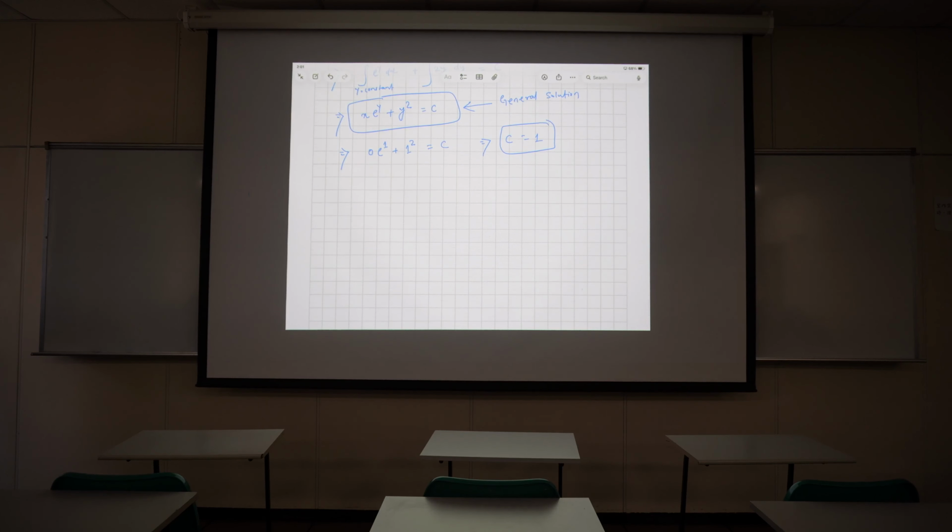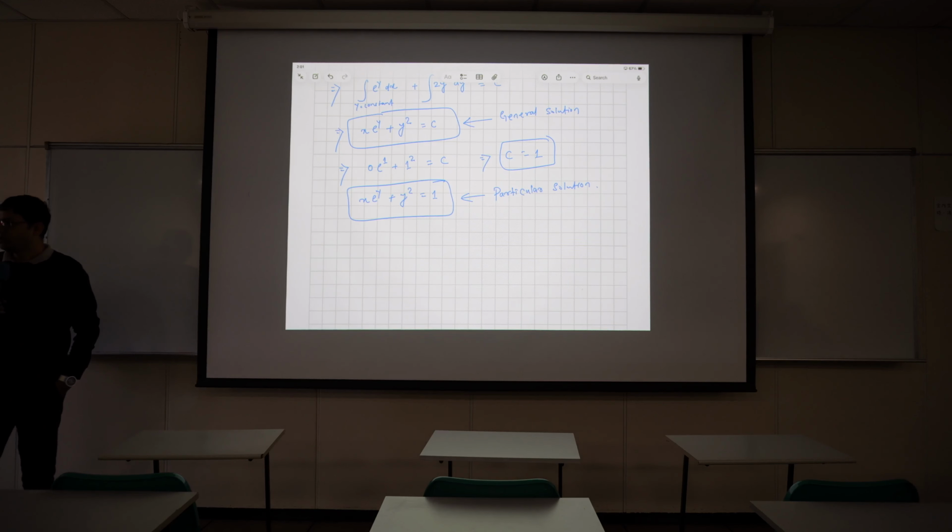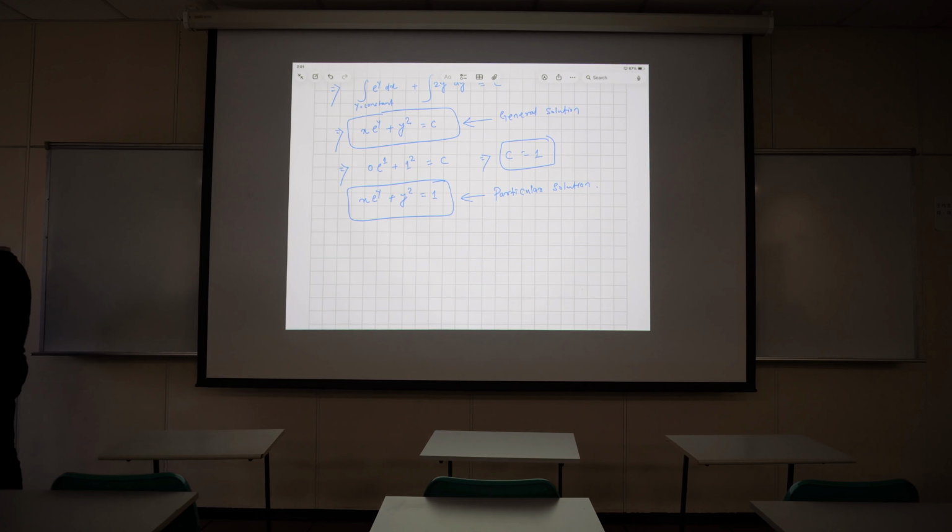So the specific solution will be x e to the power y plus y square is equal to 1. This is a particular solution. Any problem? Is it okay? Okay. So I gave you a brief overview about the exact ODE and what kind of problem you can face, both generic as well as particular or initial value problem.